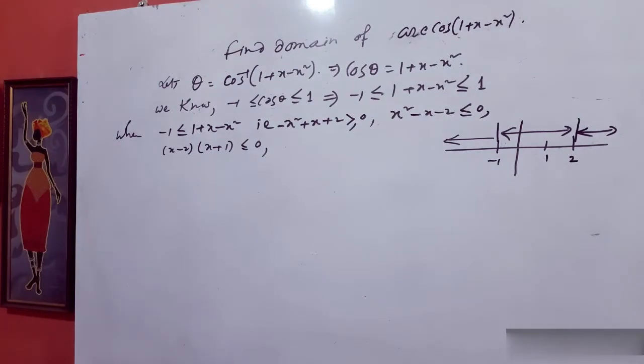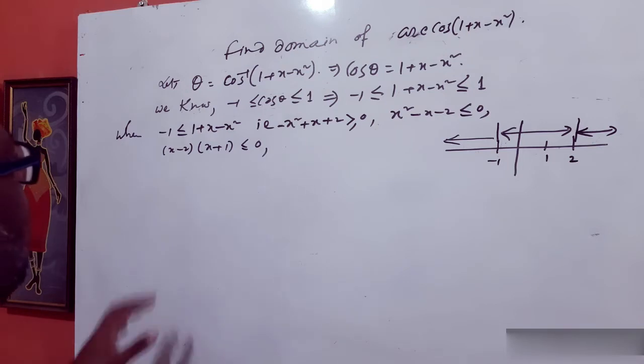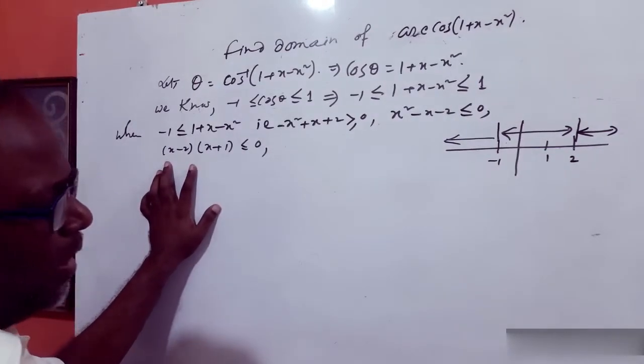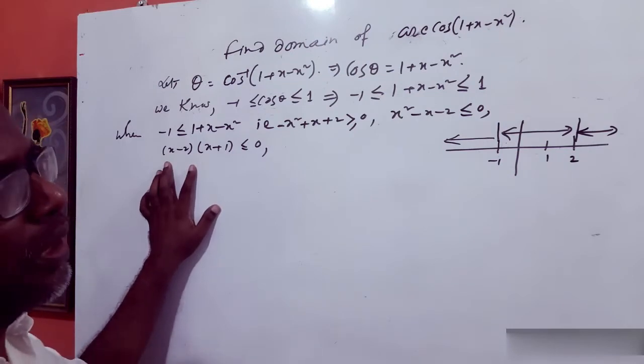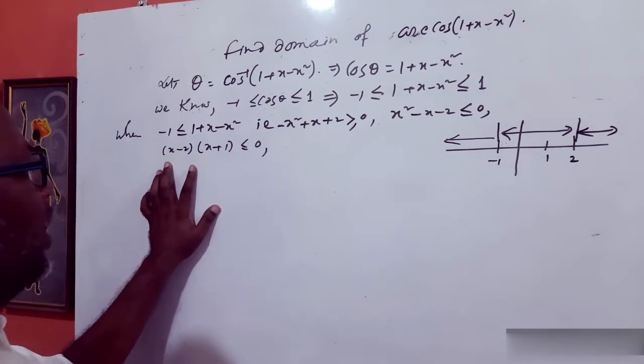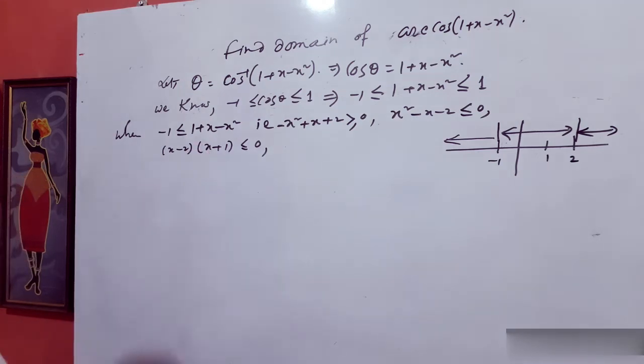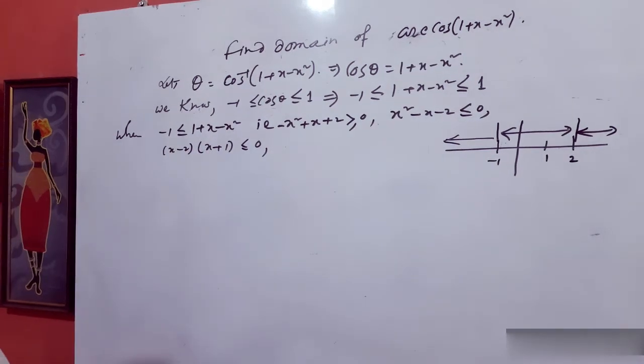Now if we take any point between minus infinity and -1, say -1.1, we get negative and negative. Two negatives multiplied give positive, which does not satisfy. So the region less than -1 does not satisfy.